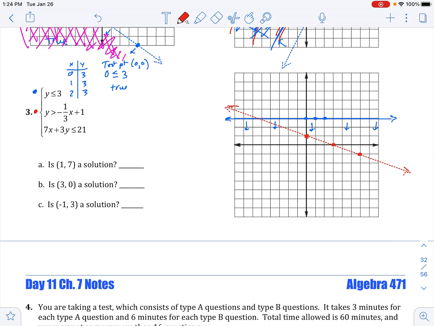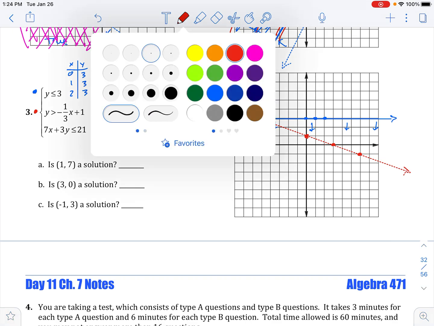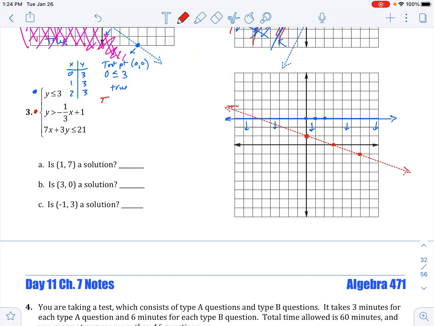And when I test this here, I'm going to again test 0, 0, because 0, 0 is going to be right in here. And we get, is 0 greater than -1/3 x, where x is 0, plus 1? Is 0 greater than 1?